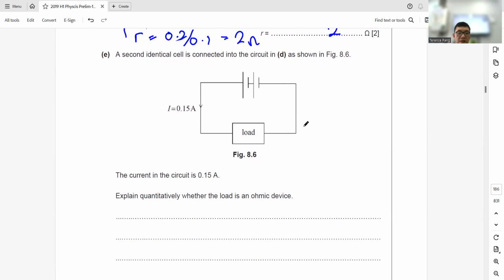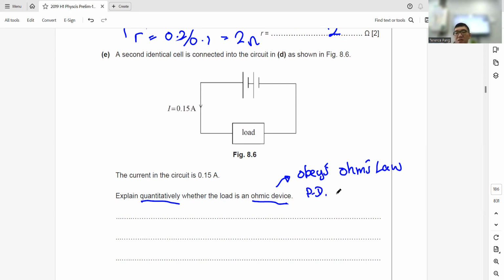For the next one, we have to explain quantitatively whether the load is ohmic. So the first thing you want to ask yourself is, what is an ohmic device? An ohmic device obeys Ohm's law. And what is Ohm's law?